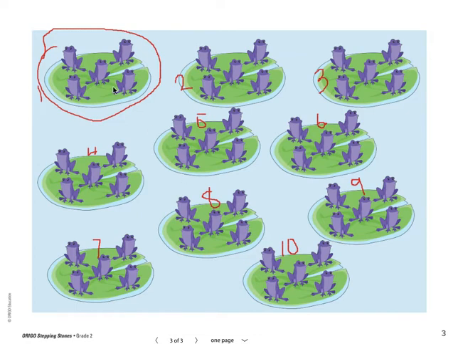Ready? 5, 10, 15, 20, 25, 30, 35, 40, 45, and 50. We have 50 frogs. Take a minute to write or call out an equation that would match the number of frogs with lily pads in this picture.